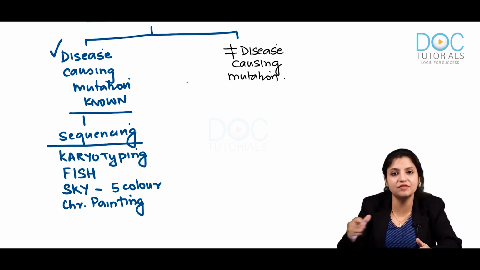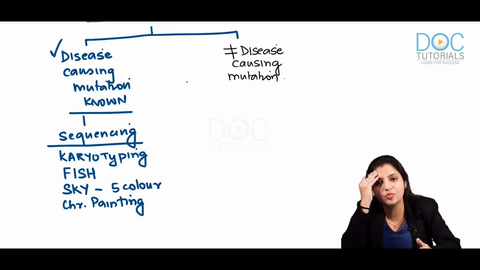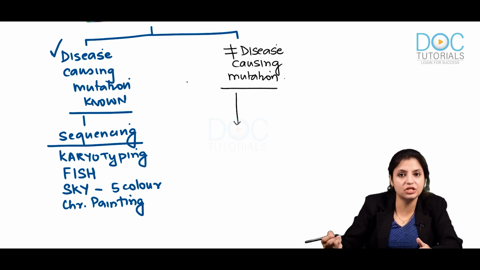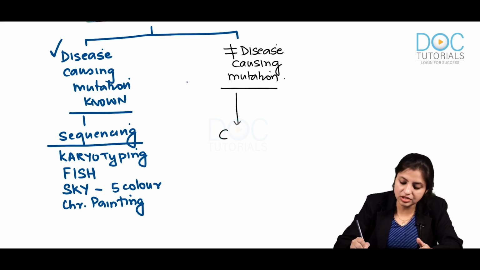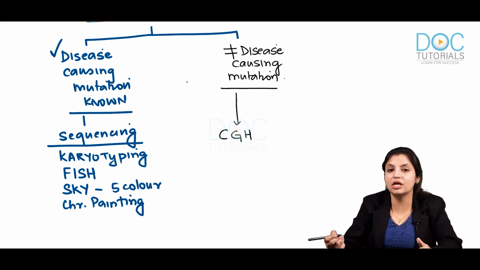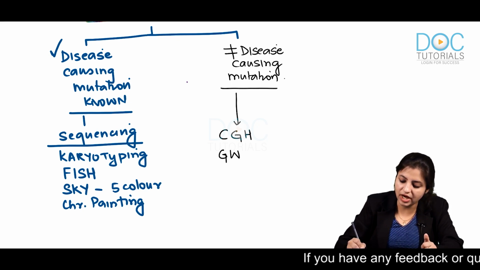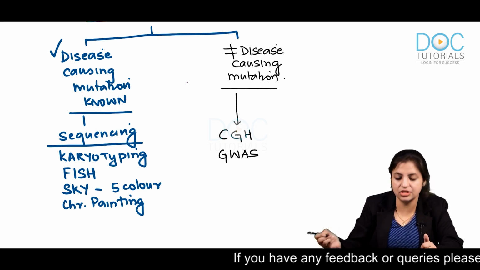So in these multifactorial disorders, you are perplexed about what mutation has caused this. In such a condition, when you have no idea of the disease causing mutation, you are left with some genetic tools. Number 1, comparative genome hybridization. Number 2, genome wide association studies.